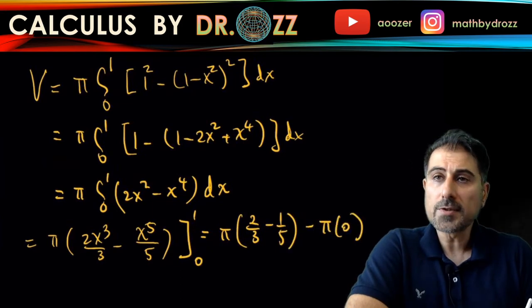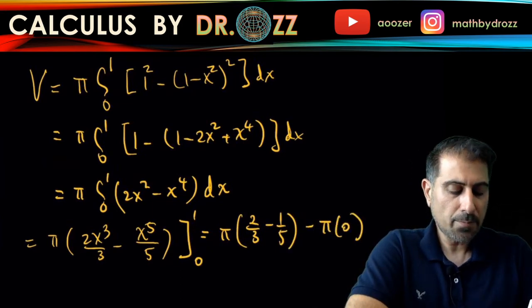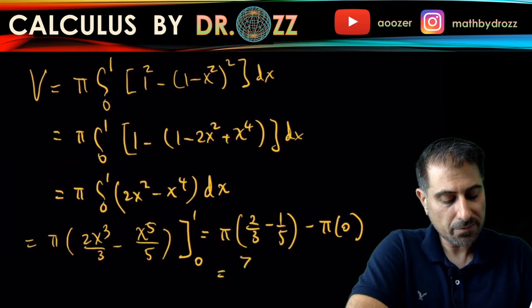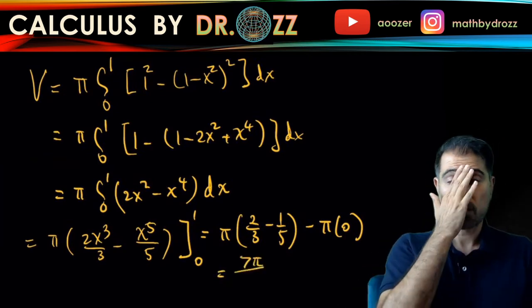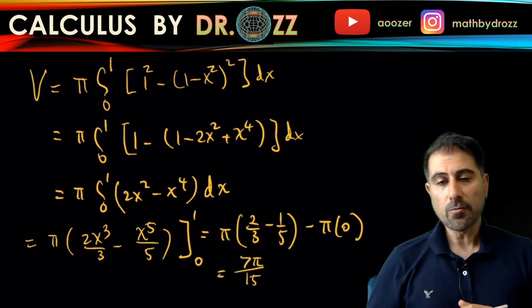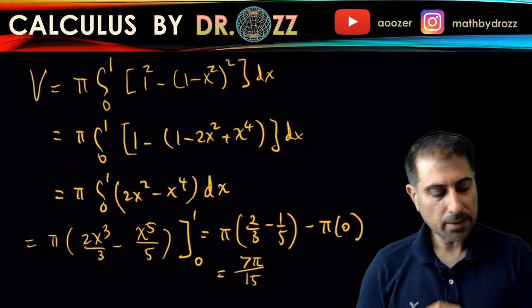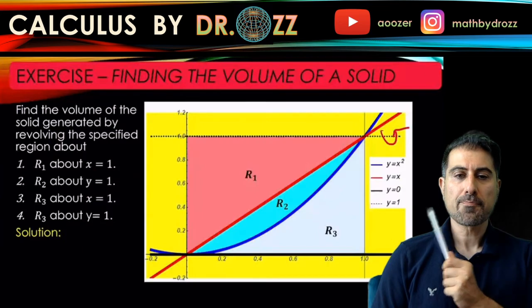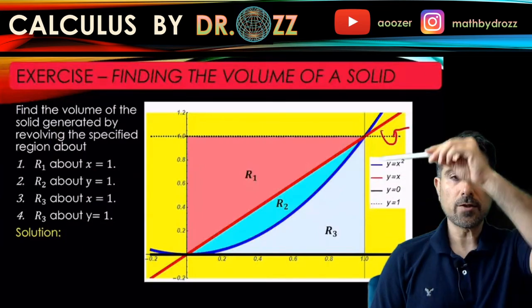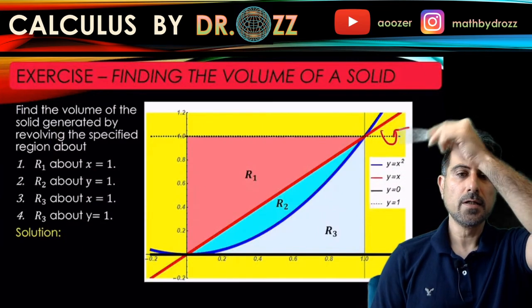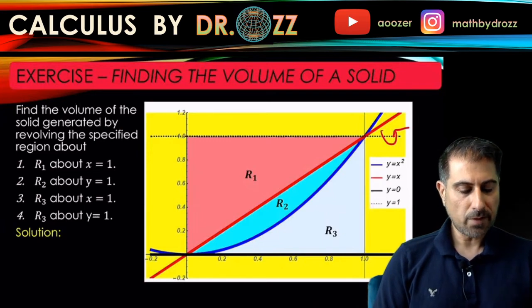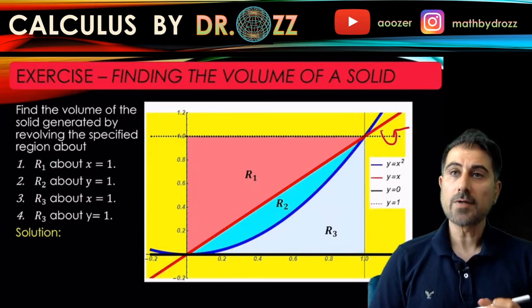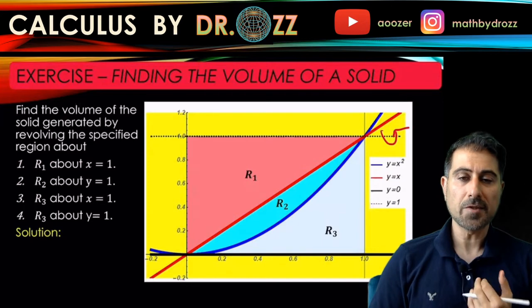All in all, if you simplify that, you have 7 pi over 15. So revolving the light blue region about the y equals 1 horizontal line gives a volume of 7 pi over 15.